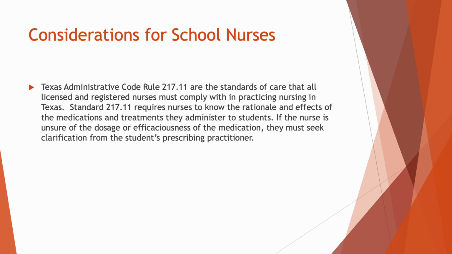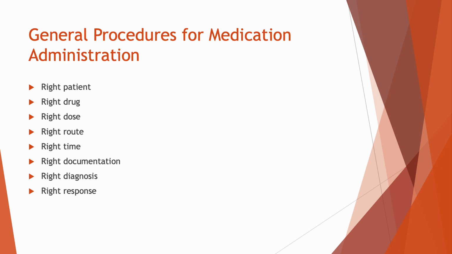If the nurse is unsure of the dosage or effectiveness of the medication, they must seek clarification from the student's prescribing practitioner. The general procedures for medication administration include making sure that you have the right patient, right drug, right dose, right route, right time, right documentation, right diagnosis, and right response.